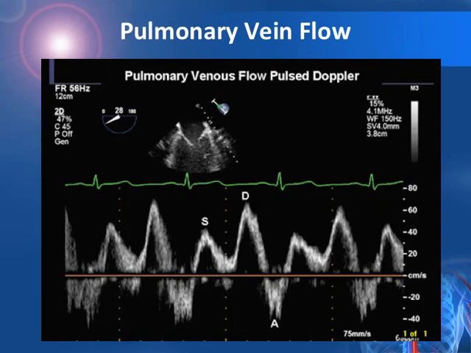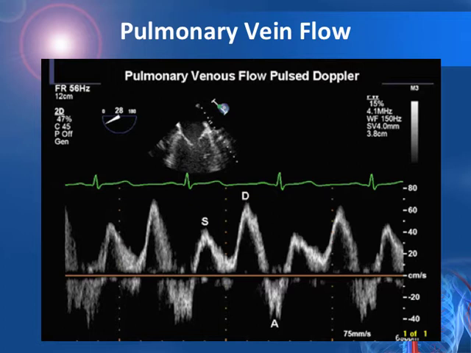On the other hand, if we sample flow patterns in the pulmonary veins, we see a quite different pattern. Following the QRS in systole, the S wave is a positive deflection, meaning flow increases towards the transducer into the left atrium from the pulmonary veins.